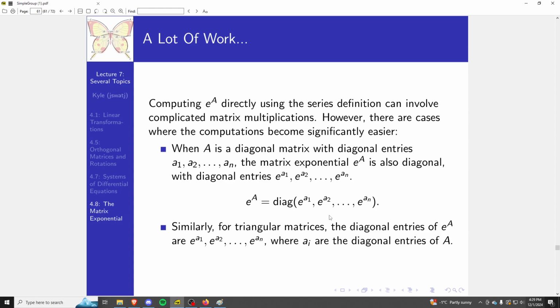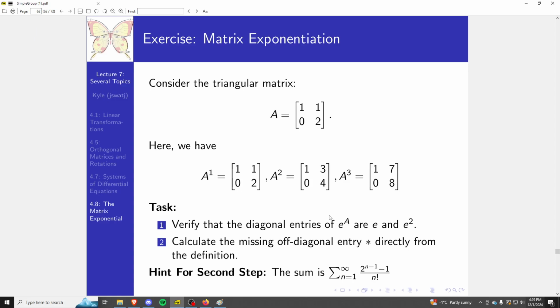There are other values in the top right. And so consider the upper triangular matrix A = [[1, 1], [0, 2]]. And here we have that obviously A itself is this, A squared is this, A cubed is this.